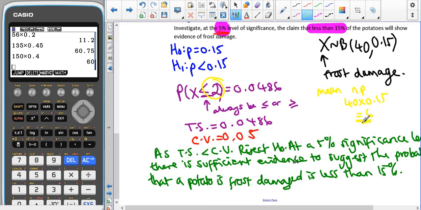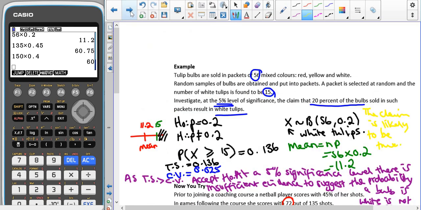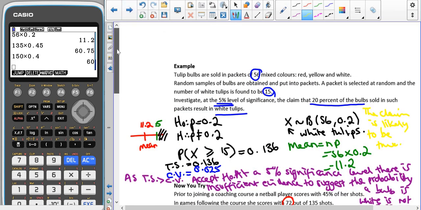We were expecting to get 6, but we only got 2, so it's less than or equal to. So if you're not happy with the fact that it's going to be the same as the symbol we use in H1, then you can use the comparison to the mean: we have more than we expected or we had less than expected, and that tells us if it's going to be less than or equal to or greater than or equal to.